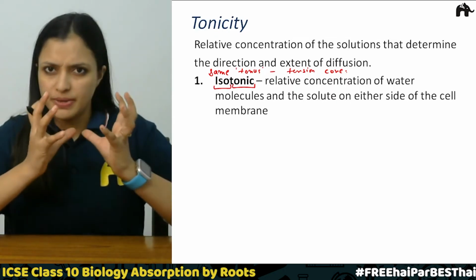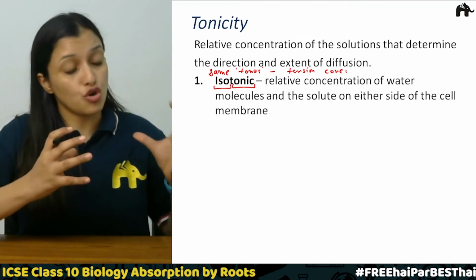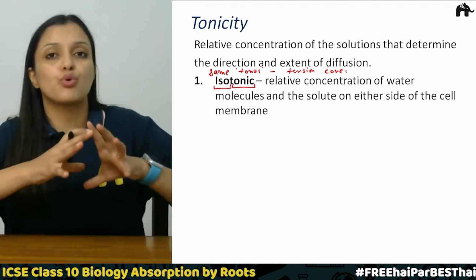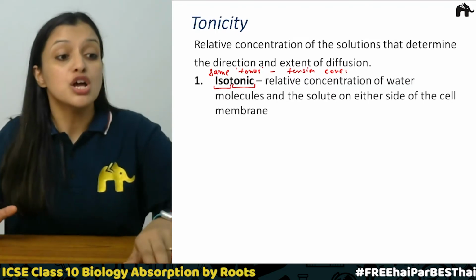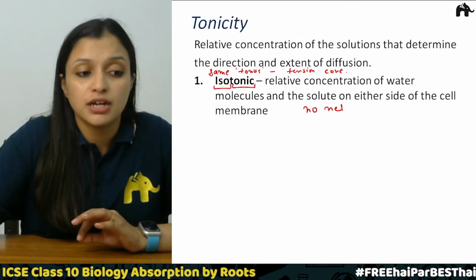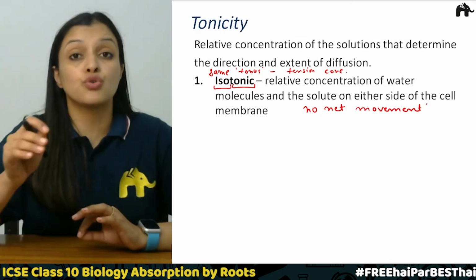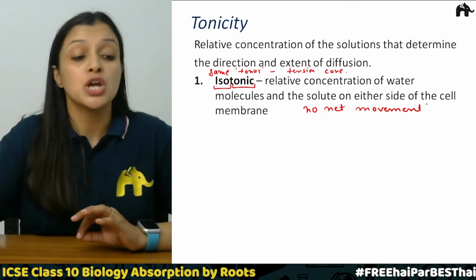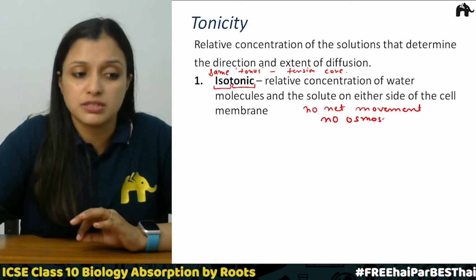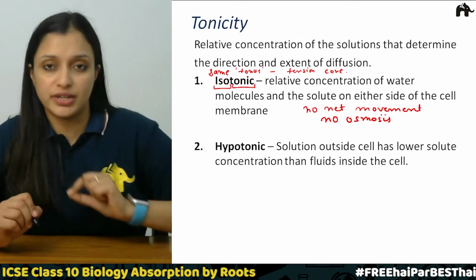We are assuming a cell is placed in a solution where the solution outside the cell and the solution inside the cell both have the same concentration. So in that case there will be no net movement of water molecules. So in this case there will be no osmosis.